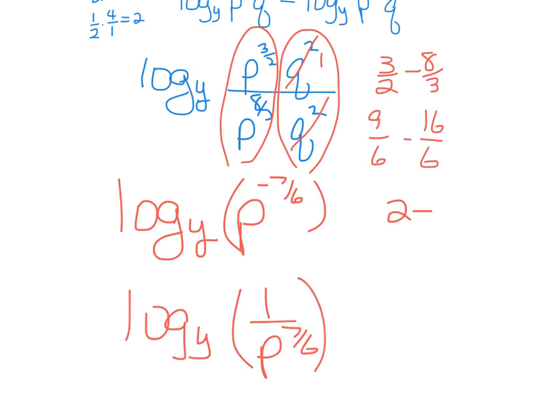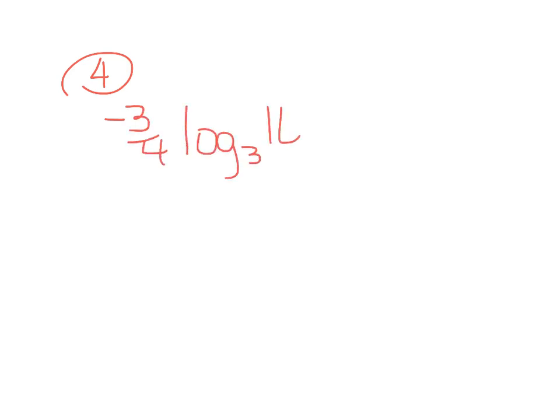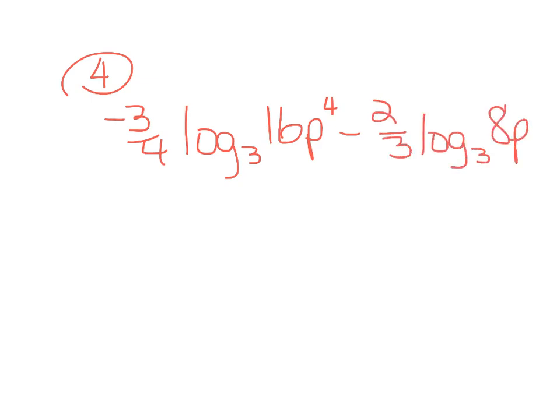All right, so last one that I wanted to do for practicing condensing. Do one more. So example 4. Again, it says condense. It has negative 3/4 log base 3, 16p to the 4th, minus 2/3 log base 3, 8p cubed.